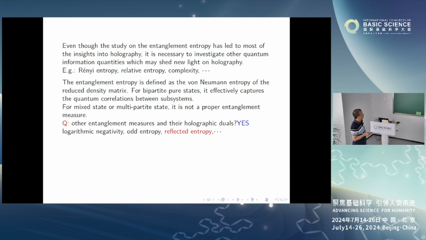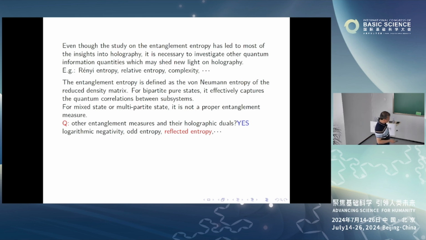In quantum information theory, there are other entanglement measures, like the logarithmic negativity or the Renyi reflected entropy, to capture the entanglement in the mixed state or multipartite state.